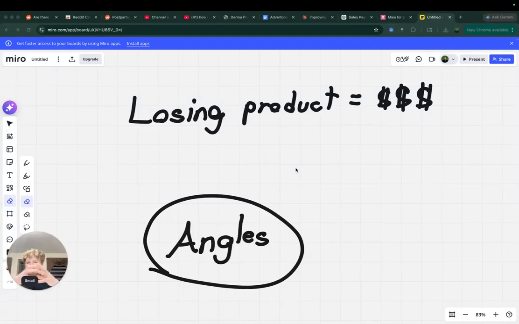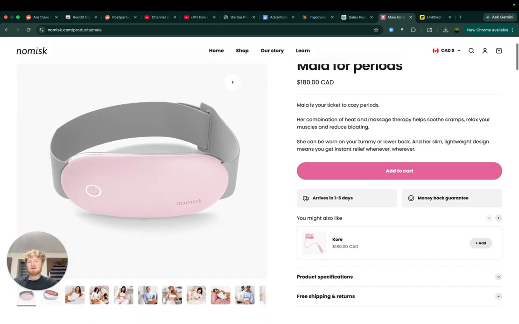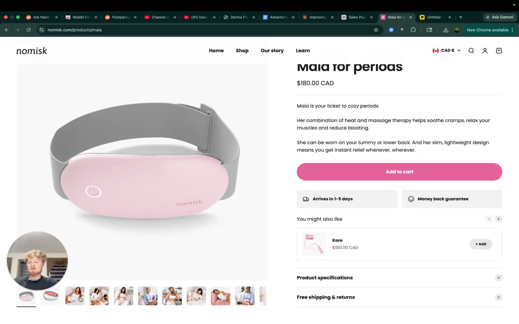I'm going to show you today how you can take a losing product and turn it into a lot of money. And the way we're going to do this is by using angles. If you don't know what angles are, the best example I can show you is this Nomas brand. These guys are selling this period cramping device.